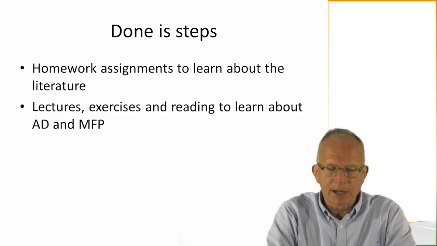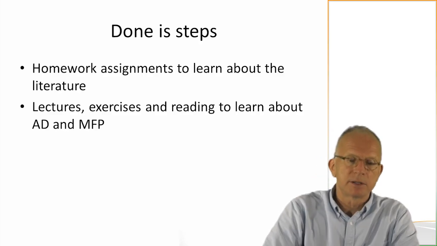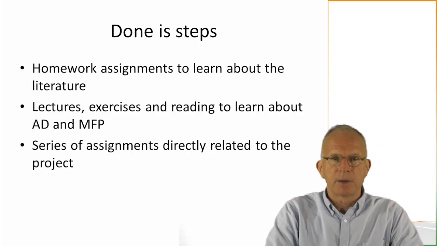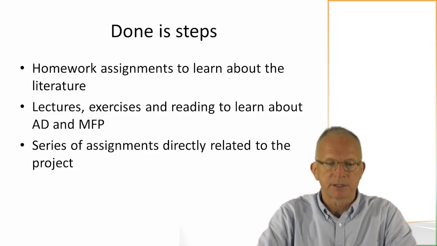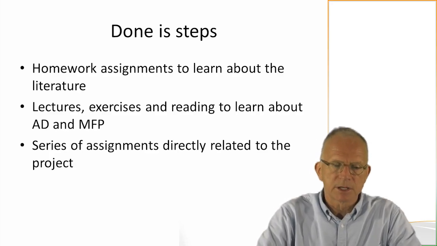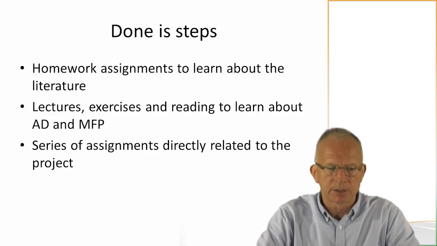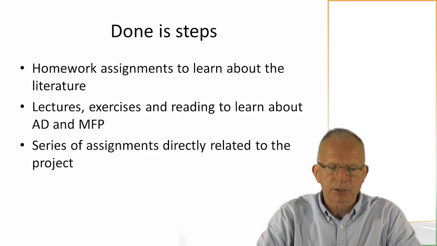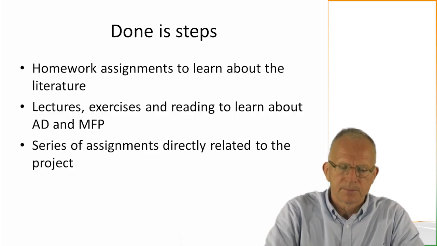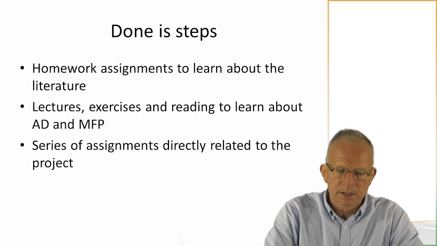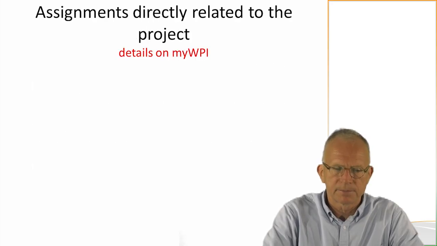Then we have the lectures and the exercises and the reading to learn about axiomatic design and manufacturing processes. So as I said, we have homework assignments, learning about the literature, and then lectures and exercises, and then a series of assignments that relate directly to the project.